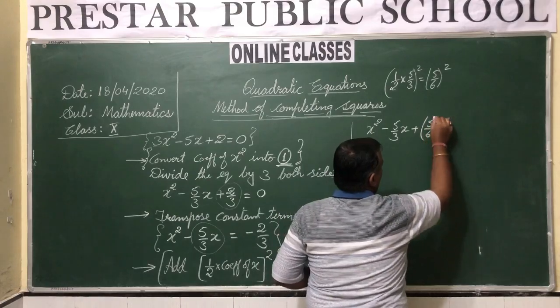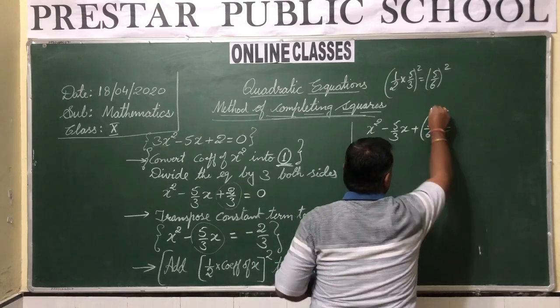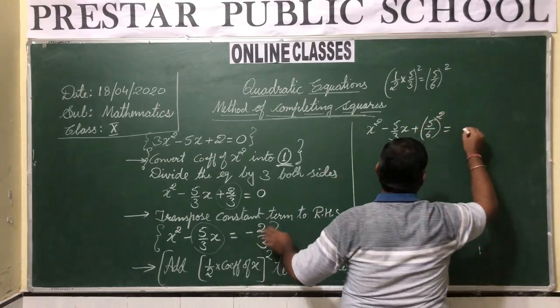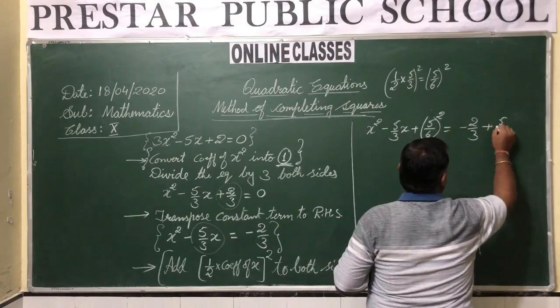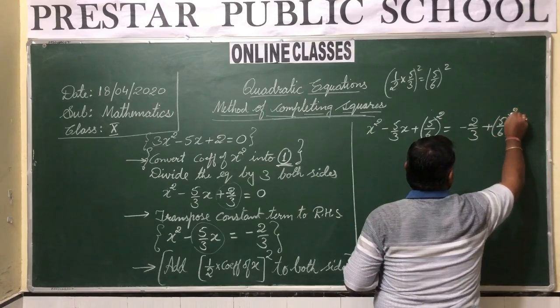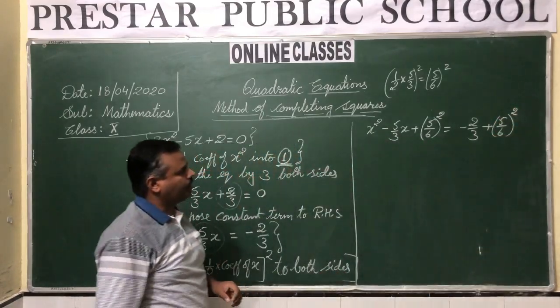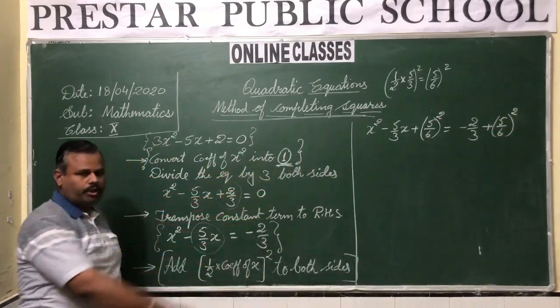This is added to both sides: 5 upon 6 whole square on the left hand side, and minus 2 upon 3 plus 5 upon 6 whole square on the right hand side.